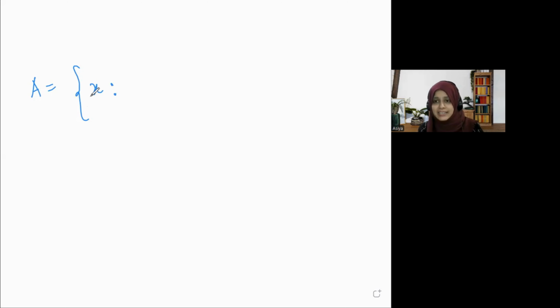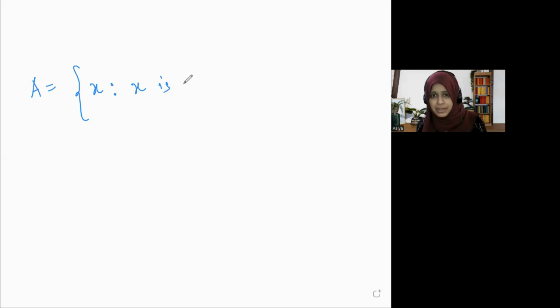What is this x? x is a symbol which represents all the elements contained in the set. How do I read it? The set of all x such that, now I will write about that special quality of my set. What are those elements? Let us define those elements here.